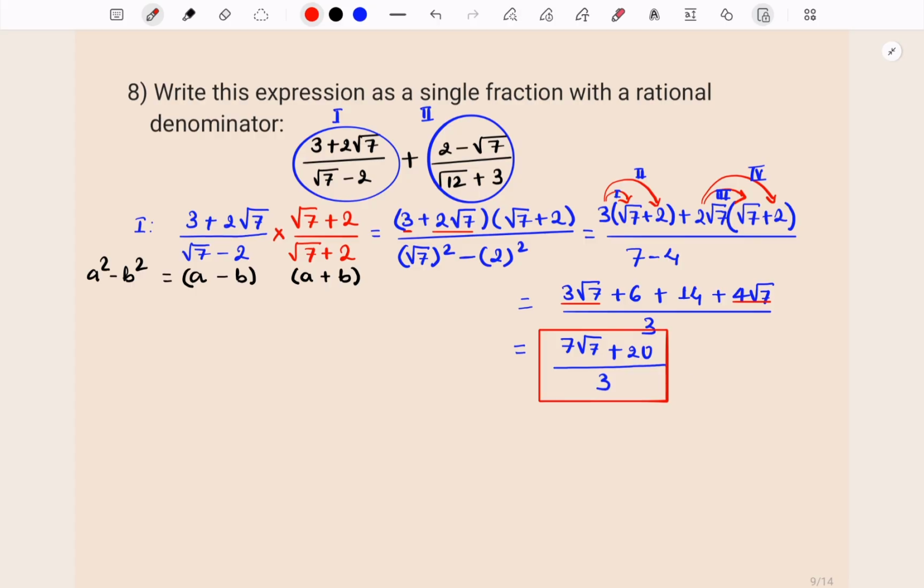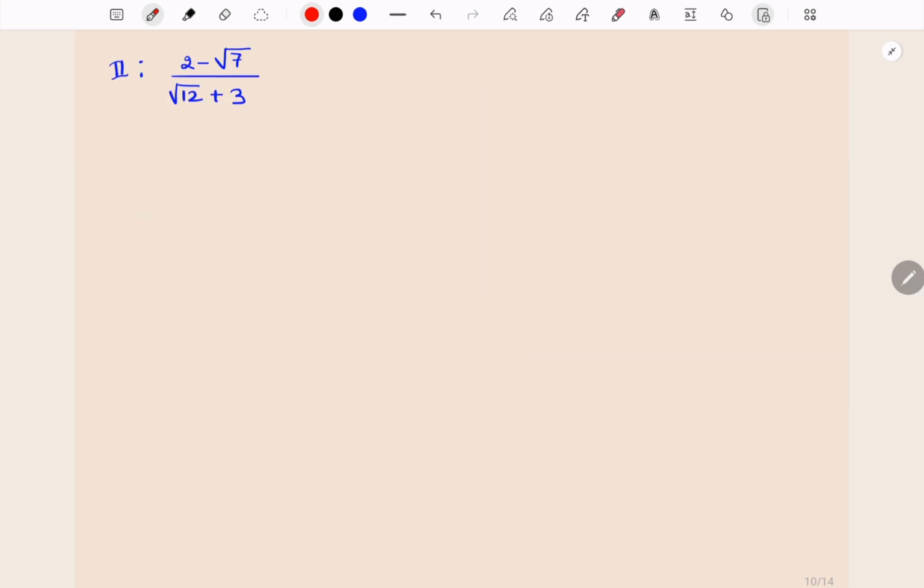All right. Now let's take the second fraction and see what we can do with it. So now let's solve the second fraction. This is our second fraction. And first we need to simplify it. If we look closely, we can see that we have a root 12 here, right? Root 12 can be simplified.